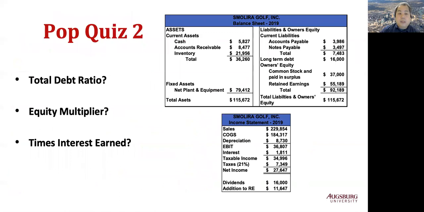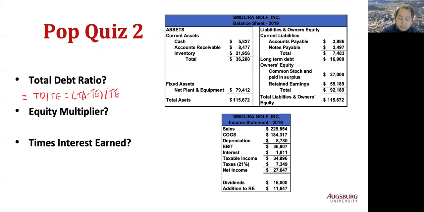Next, pop quiz: calculate the total debt ratio, equity multiplier, and times interest earned. Solve it. From this financial statement, the total debt ratio equals total debt divided by total assets. Total debt equals total assets minus total equity.